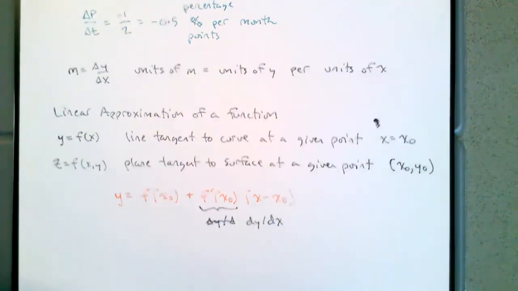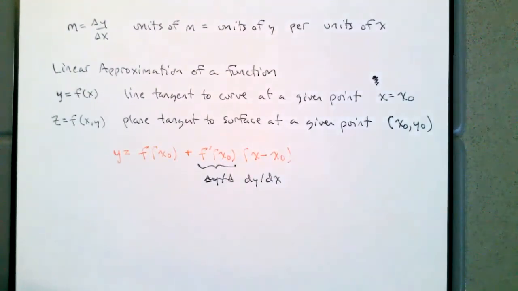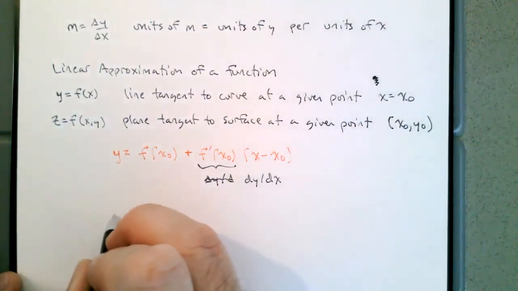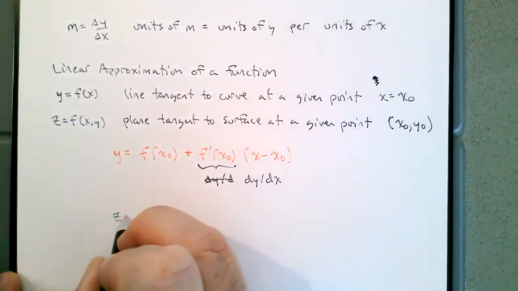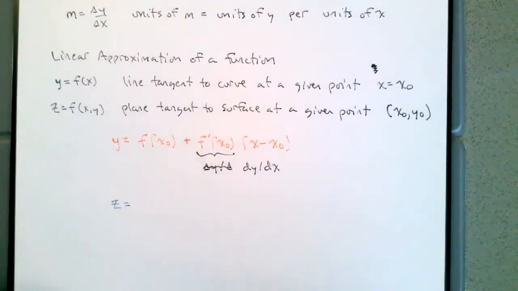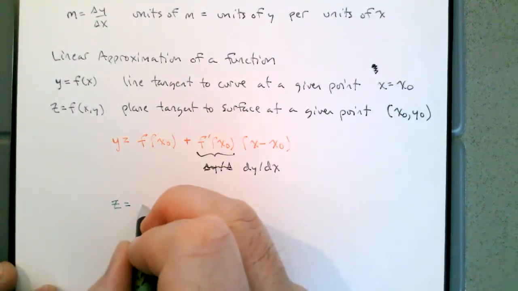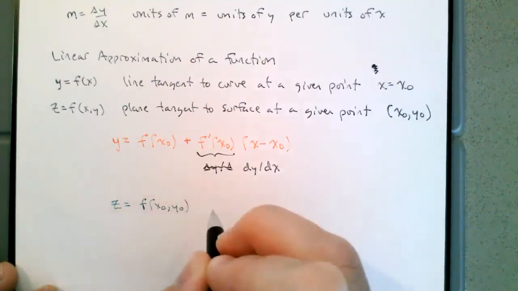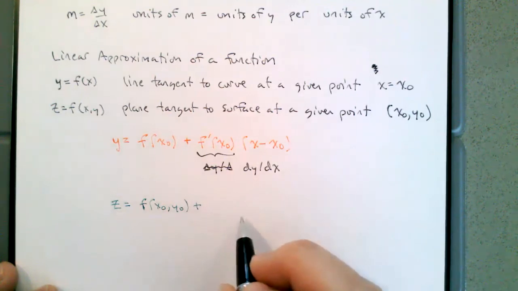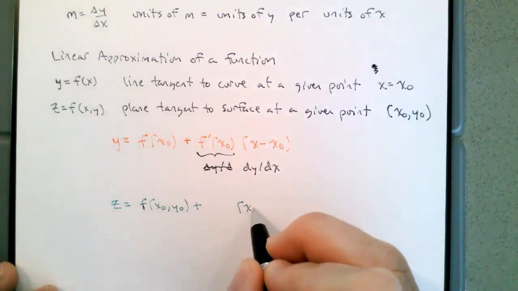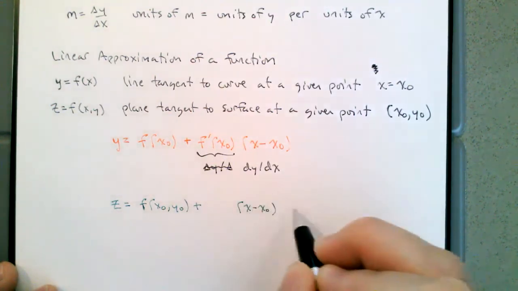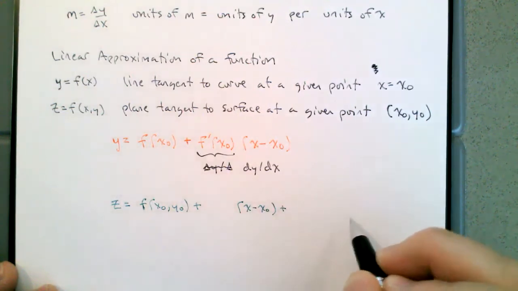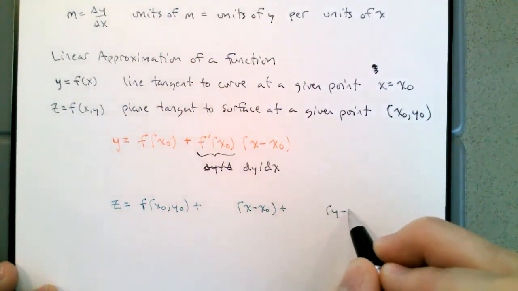So for the equation of the plane tangent to a surface at a given point, z is going to have to start off by evaluating the function at the point, so f of x naught, y naught. We'll need some slope in the x direction and another slope in the y direction.